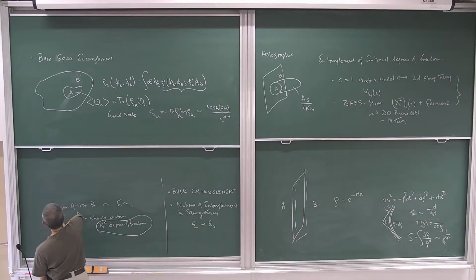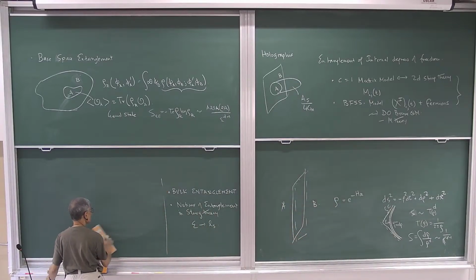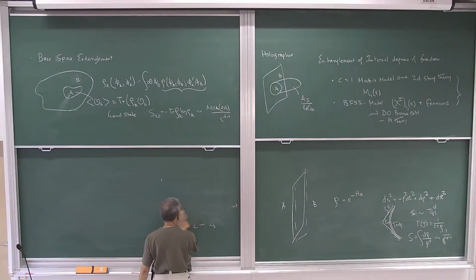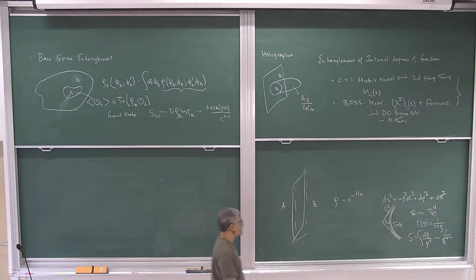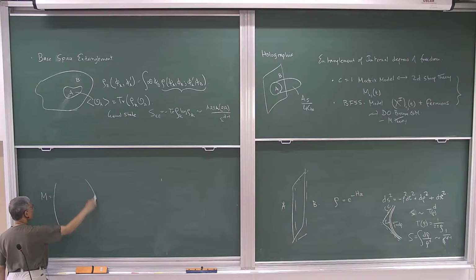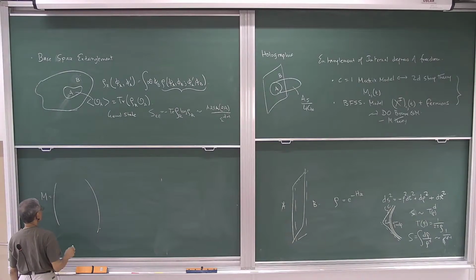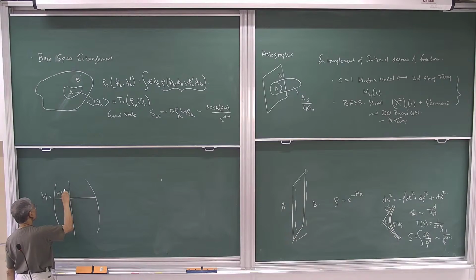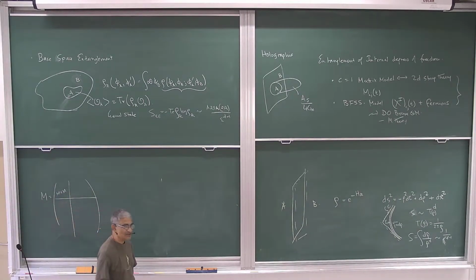Now, the main problem with trying to understand these things is that if these were just models of matrices, just some quantum mechanics of a single matrix, it's some n by n matrix, I could have just said that I take an m by m block of it, and that would be my subsystem.